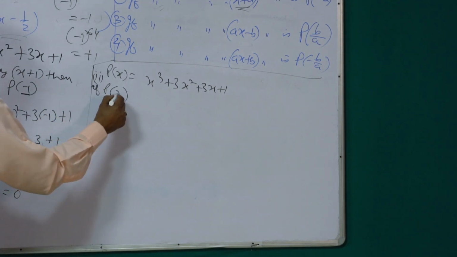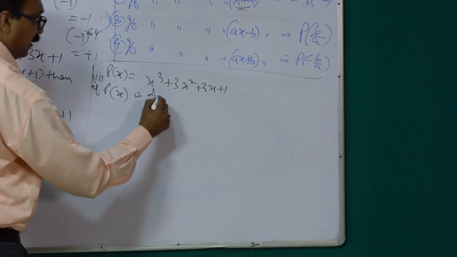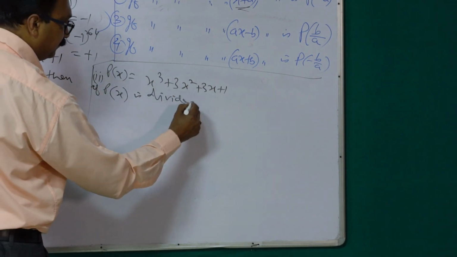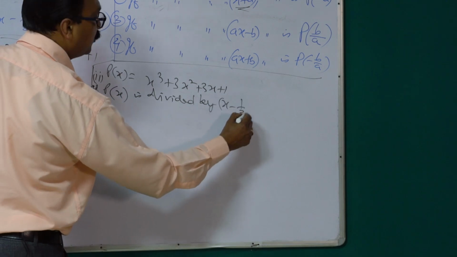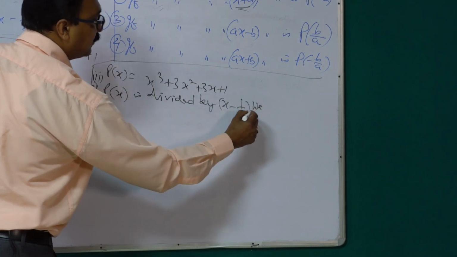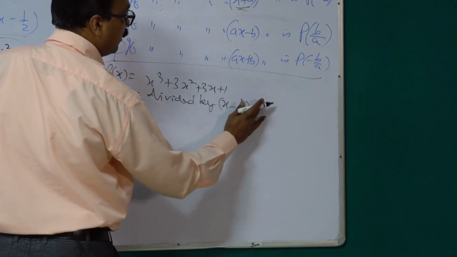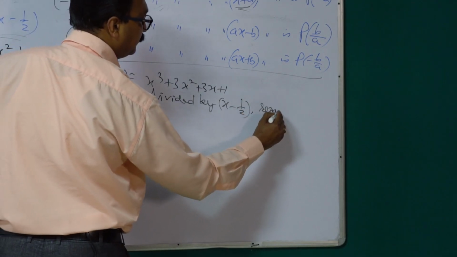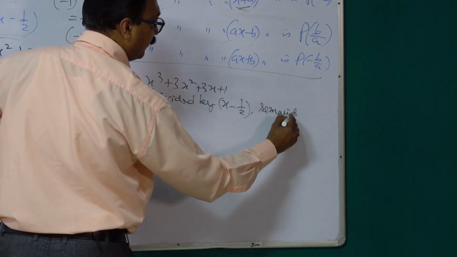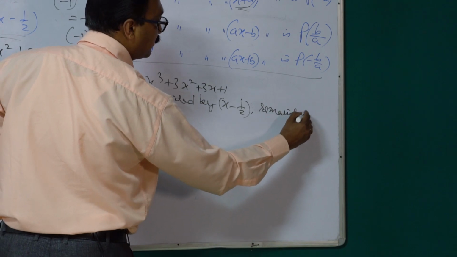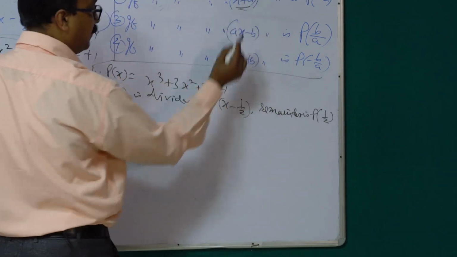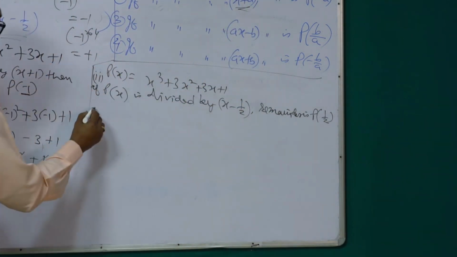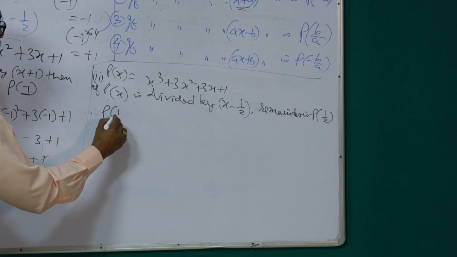If P of x is divided by x minus 1 by 2, we get the remainder, which is P of 1 by 2. See, here a becomes 1 by 2. So P of 1 by 2 is how much?